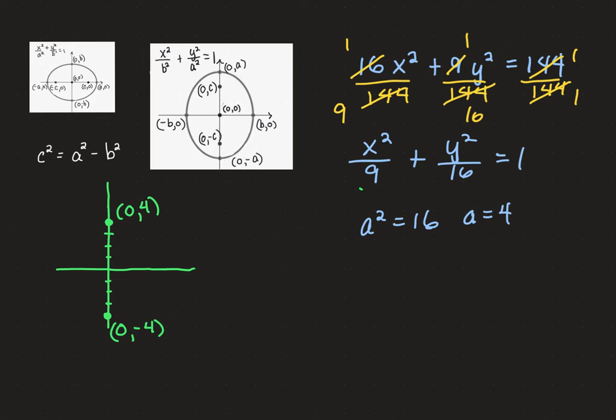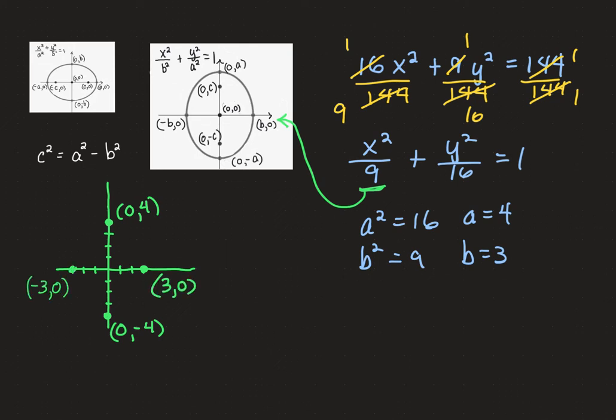Our smaller denominator is 9, so it gives us the coordinates of the minor axis, because b squared equals 9, so b equals 3, and our endpoints of the minor axis are located at 3, 0 and negative 3, 0.